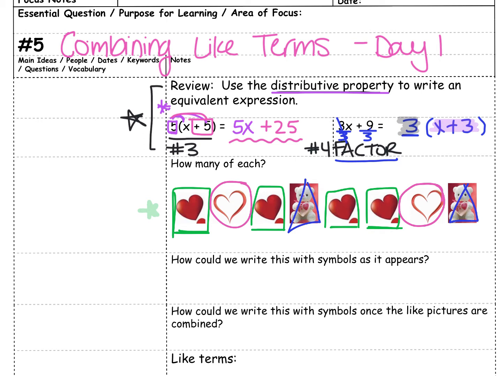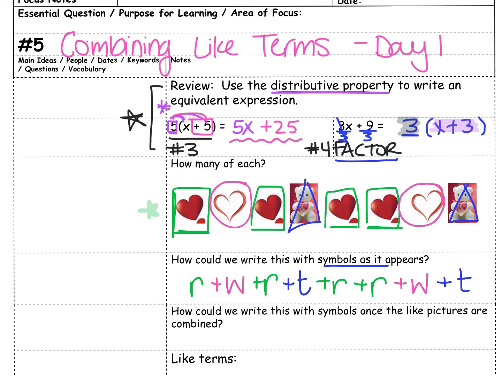We need to write this with symbols as it appears, and in order, I want to write down what we have. We have a red heart, a white heart, a red heart, and a teddy bear. I have a red heart, a white heart, and a teddy bear.